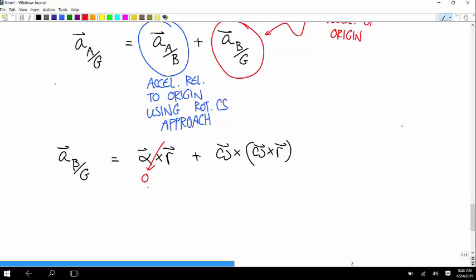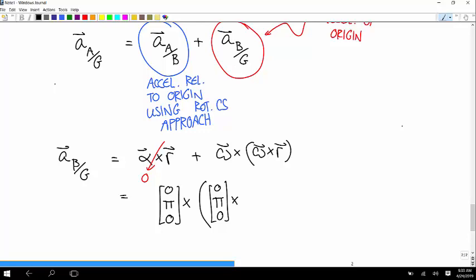It doesn't have any angular acceleration. And so this is just equal to 0 pi 0 crossed with the quantity 0 pi 0 cross R.